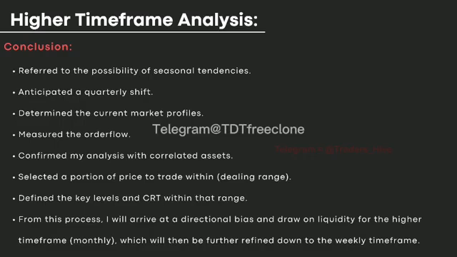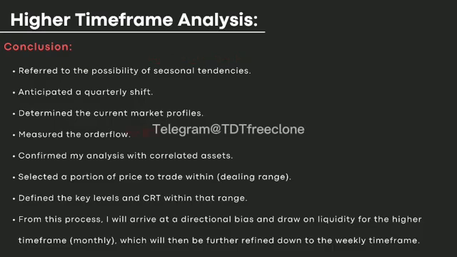Next, you're going to anticipate a quarterly shift by analyzing past price action, predicting potential transitions or continuation in the current quarter. After that, determine the current market profile. Identify whether the market is in consolidation, expansion, reversal, or a retracement. This will set up the foundation for your analysis.